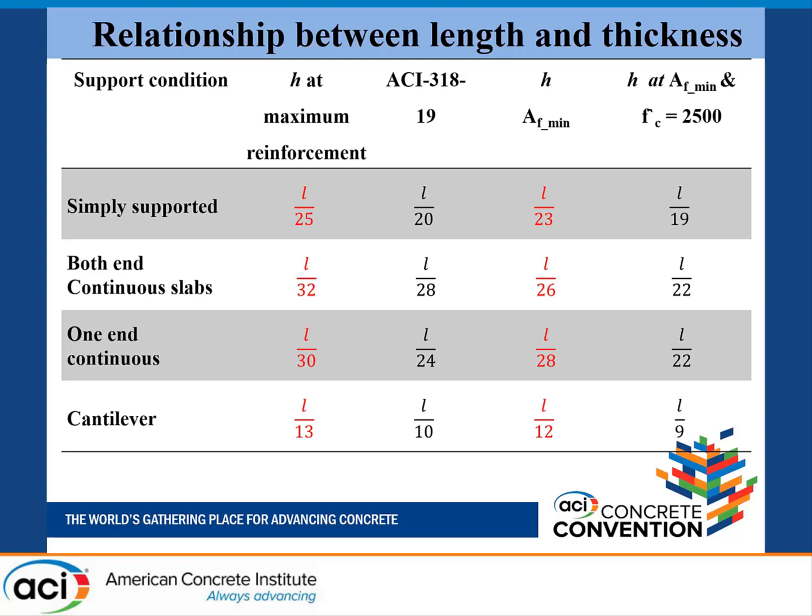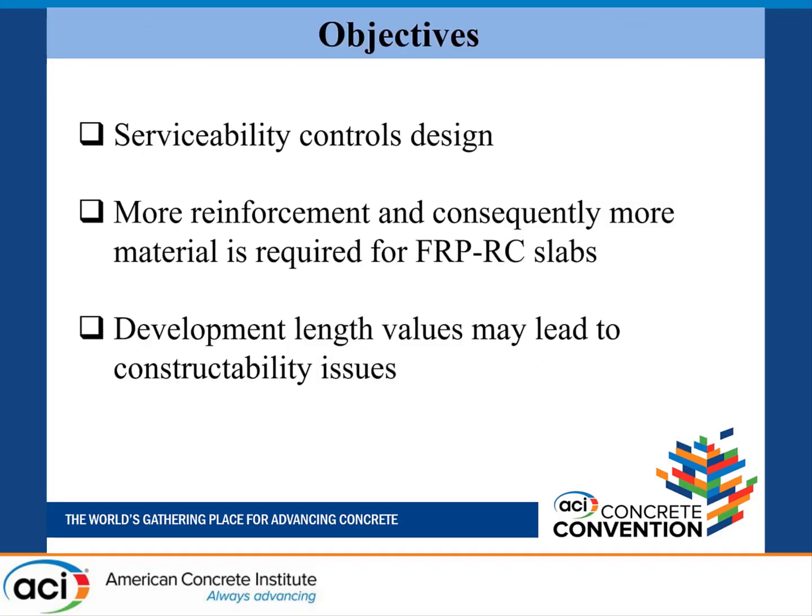But the ACI 440 guide actually provides us with a lot of limitations, and in those limitations, you actually end up with more area of reinforcement, knowingly or unknowingly. So we observed that serviceability always controls the design of GFRP reinforced slabs. More reinforcement and consequently more material is required when you are designing with GFRP.